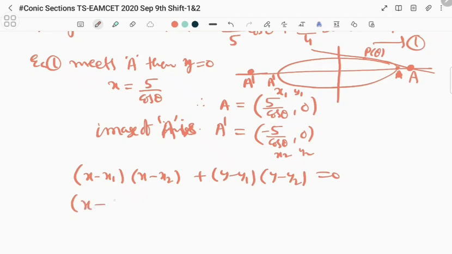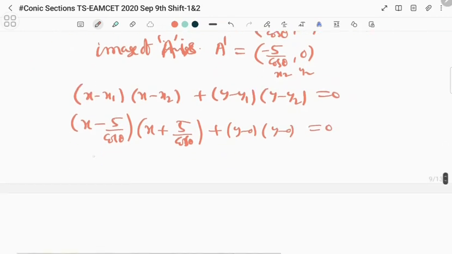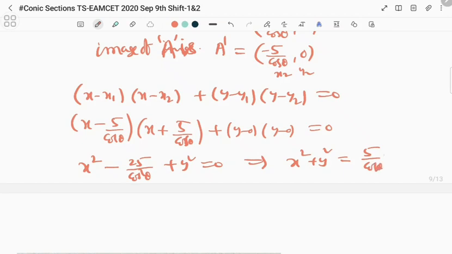So x minus 5 by cos theta, x plus 5 by cos theta plus y minus 0 into y minus 0. So here a plus b into a minus b, no? X square minus 25 by cos square theta plus y square equal to 0. That implies x square plus y square equal to 5 by cos theta whole square.